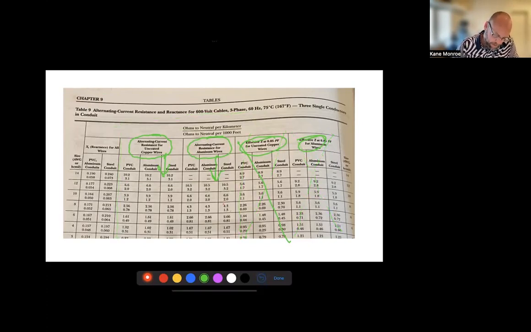All right, let me clear the board and go from there. So going back to our question, what is the AC resistance of 638 feet of number 4 AWG aluminum wire in a steel conduit? So off to the left-hand side, we've got our wire sizes right here. So number 4 is right here. And then we need to go to the top and look.